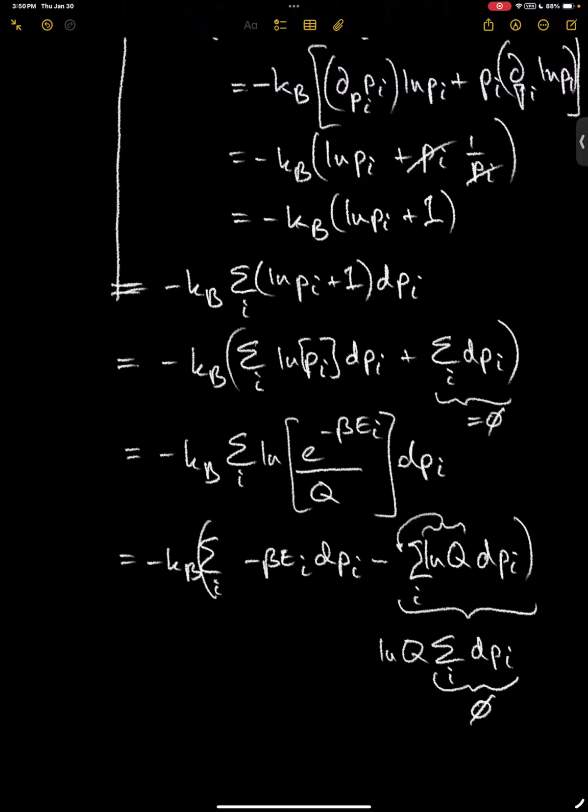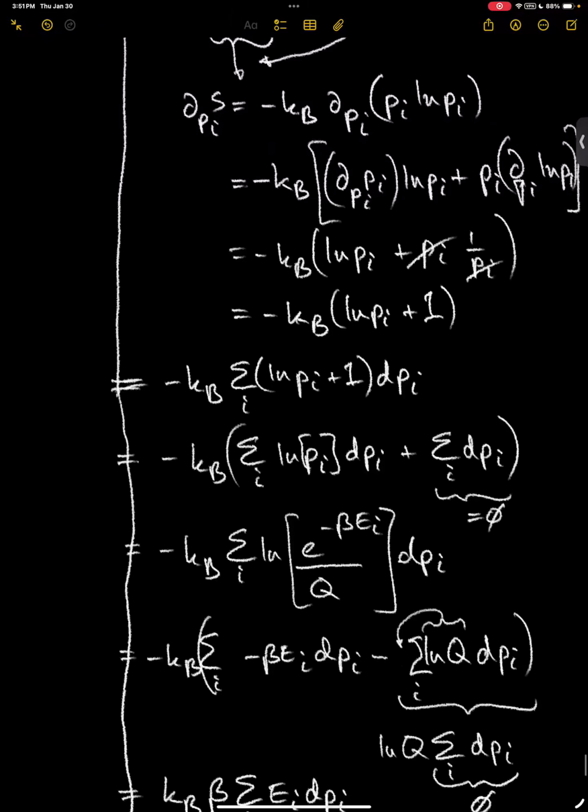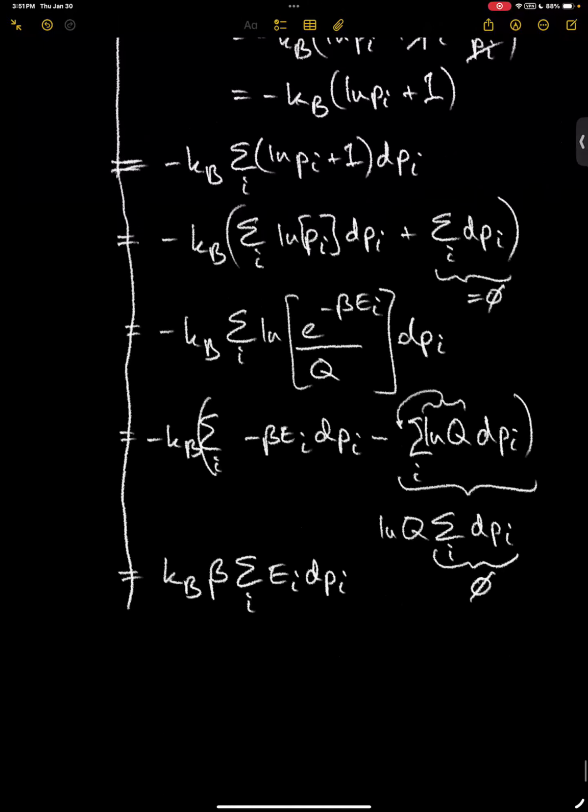So that's very convenient. And so what we are left with, the two minuses cancel, and we have kB, the beta is in front, sum over states energies dpi. Fine. And again, all of these equalities hold, and this is our dS, right?